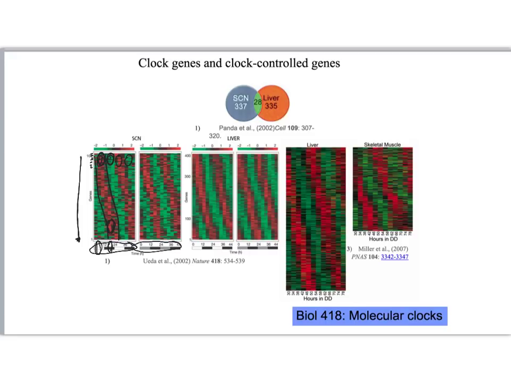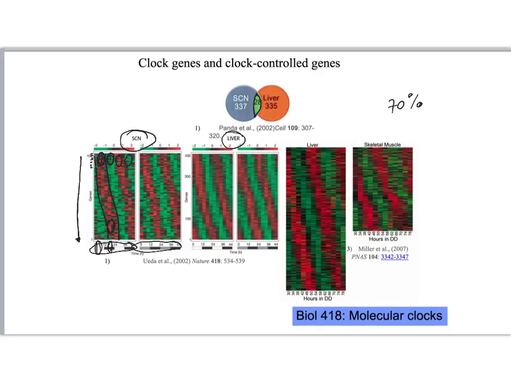I also said that the set of genes that cycle in the SCN, for instance, is different from the set of genes that cycle in the liver, and only a small percent of them are common to both tissues. And in fact, altogether, we said that up to 70% of the genome may be under circadian control if you take all the tissues from all your body.